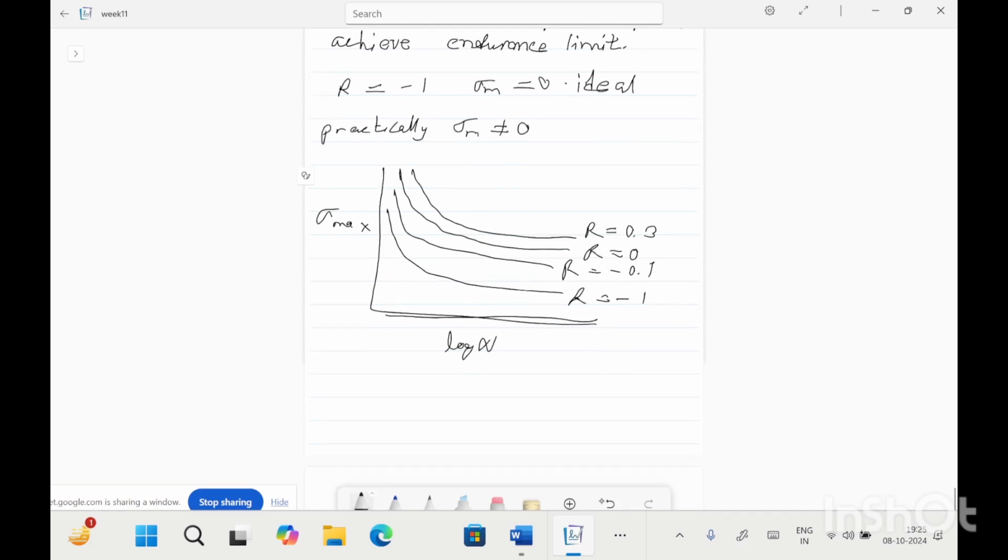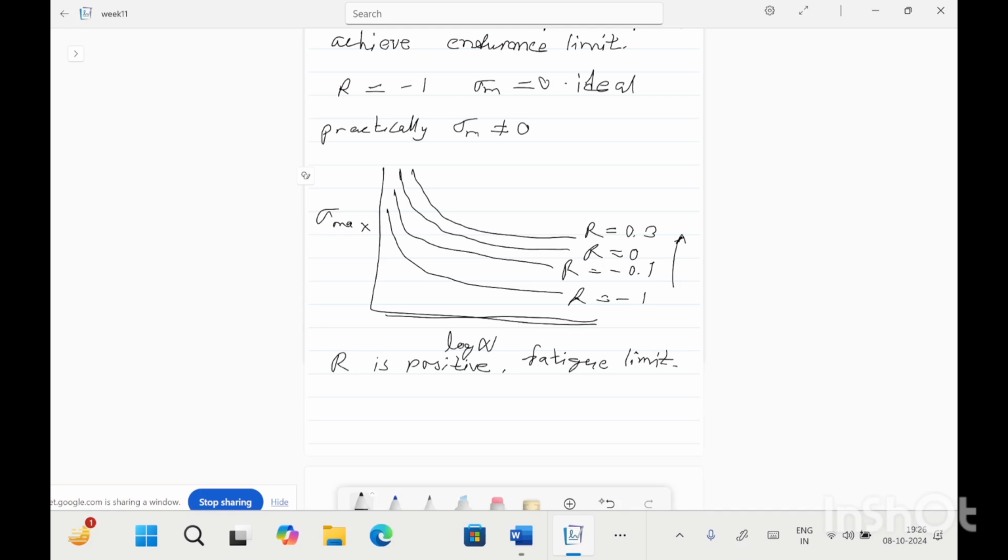As the stress ratio increases and is greater than 0, meaning R is positive, it leads to an increase of the fatigue limit. If the stress ratio is positive, the material can sustain an infinite number of cycles for a higher stress level.